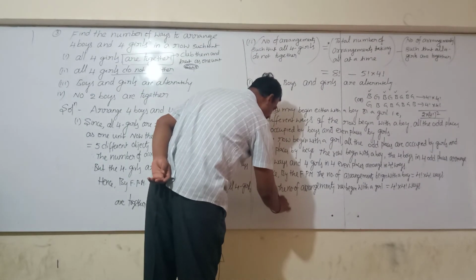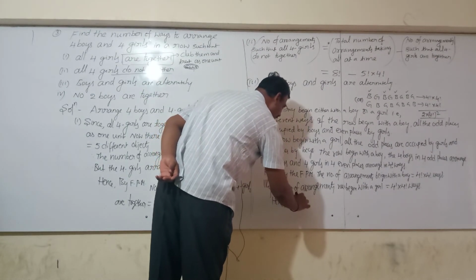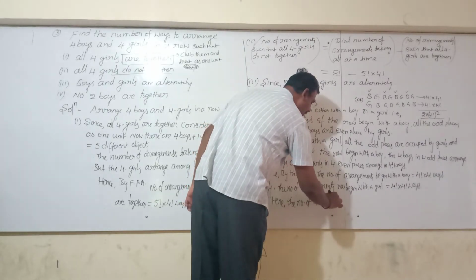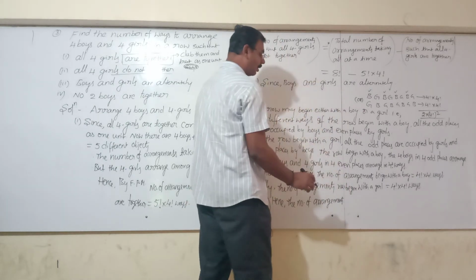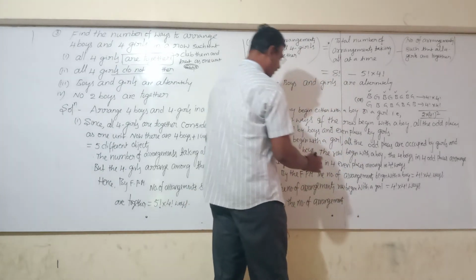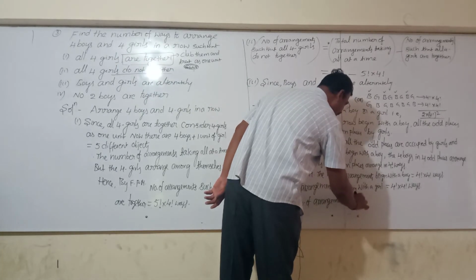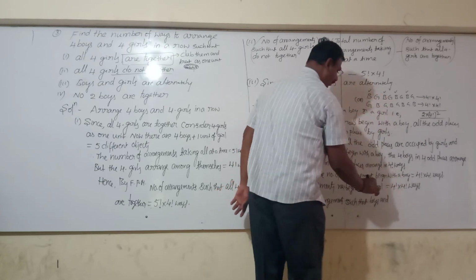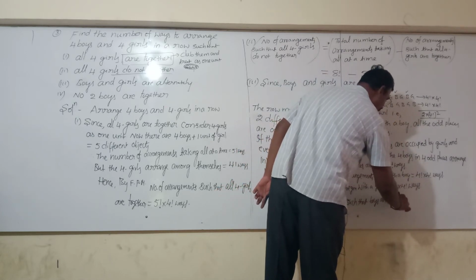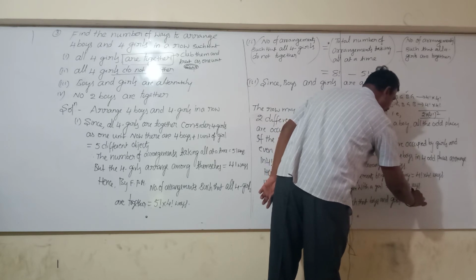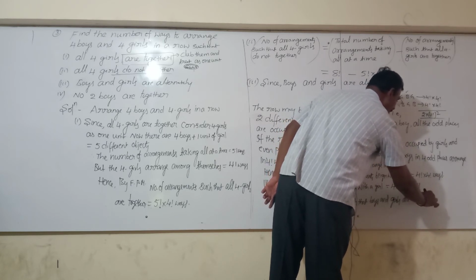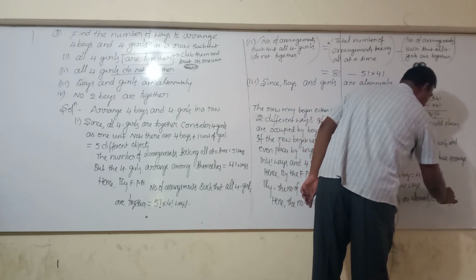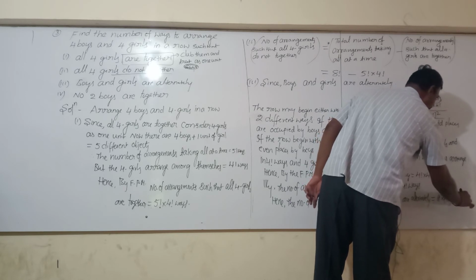Hence, the number of arrangements such that boys and girls are alternate is equal to 2 times 4 factorial into 4 factorial ways.